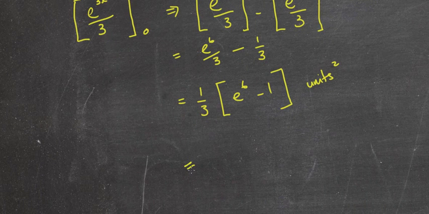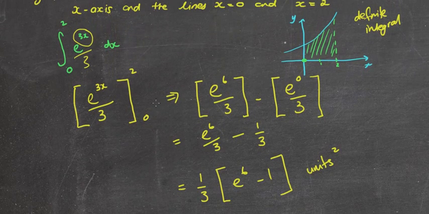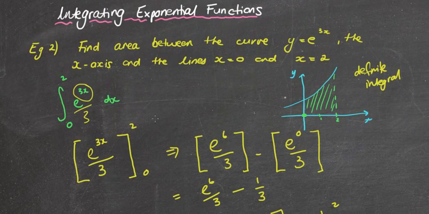If I did that, and it said, let's say to 2 decimal places, it'd be 134.14 units squared. So I could either give that as an exact value, or I could do it as a decimal. If it was asked as a decimal, you wouldn't have to bother doing the factorizing, but certainly a lot of questions do ask for the exact value, so that's important for us to do.